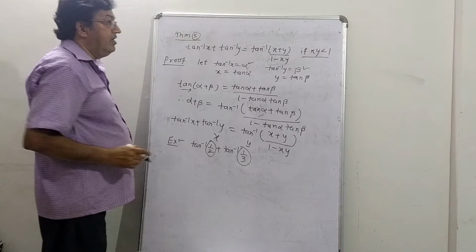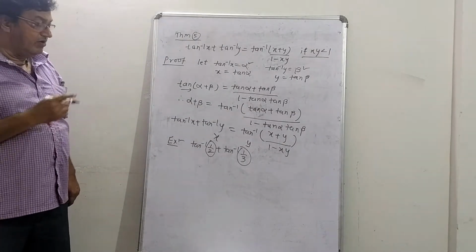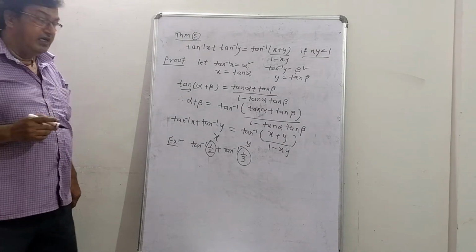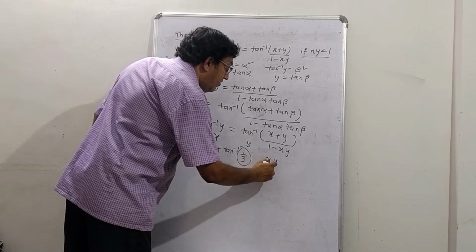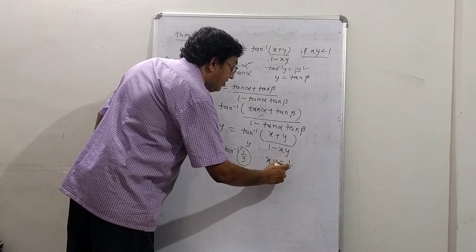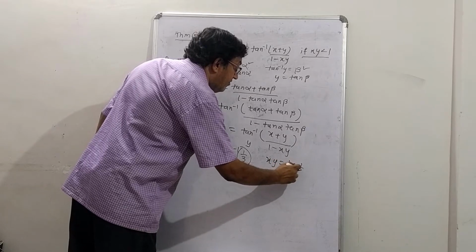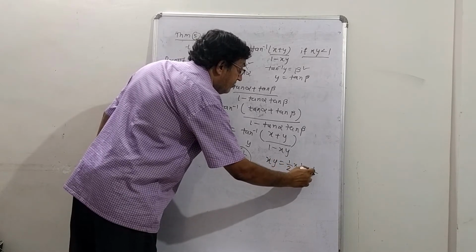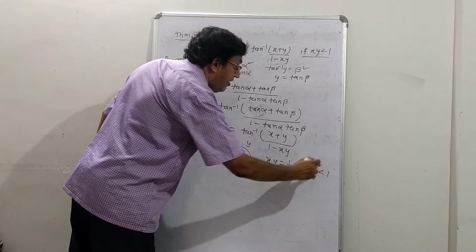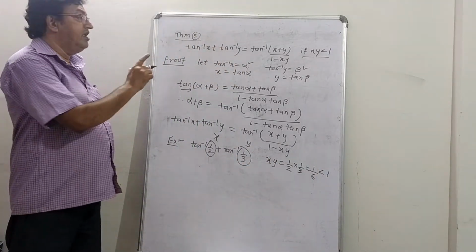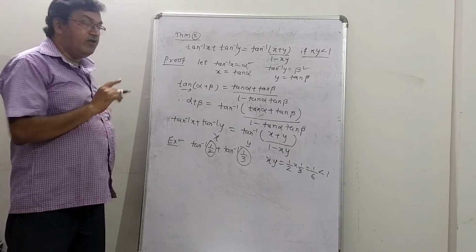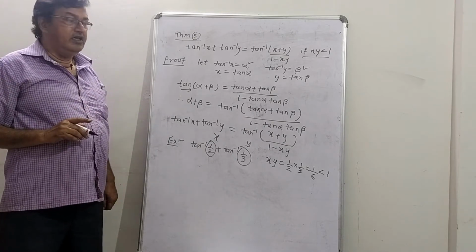What is the condition? X into y is less than 1. We will multiply the values of x and y, see what we get. So x is 1 by 2 and y is 1 by 3. So 1 by 2 into 1 by 3 is 1 by 6, which is less than 1. So we can apply this theorem. This theorem is applicable whenever the product of x into y is less than 1.